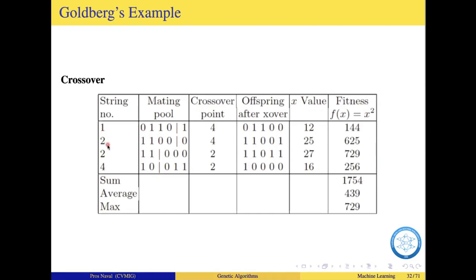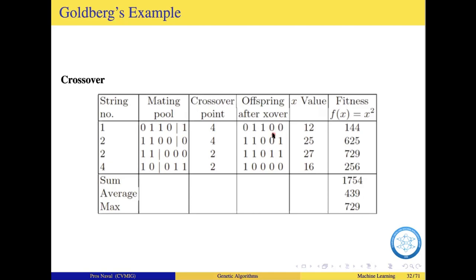We assume that these first two are going to mate. So the crossover point is 4. Then this part here will get swapped. So now we swap just the tail part.